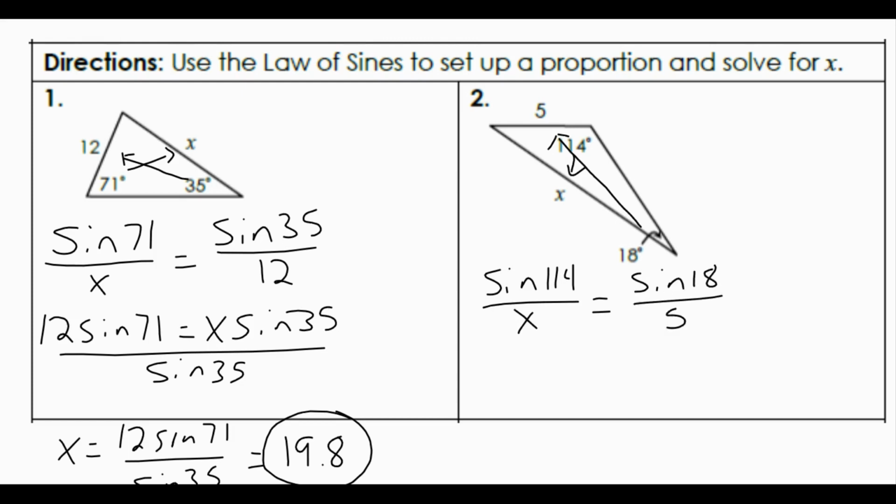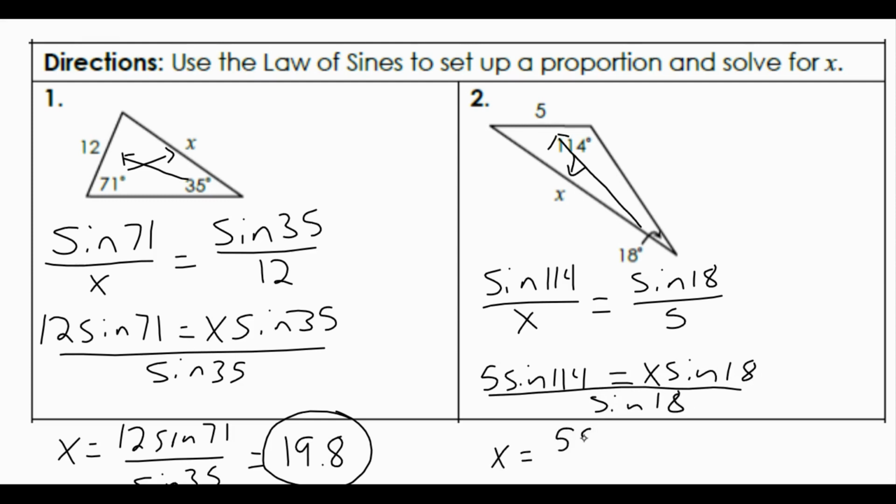Now solving this in terms of x, I'd multiply by x and 5. 5 sine 114 is equal to x sine 18. Dividing everything by sine 18 would give me x is equal to 5 sine 114 over sine 18, which when I plug this into my calculator, I get a missing side length of 14.8.